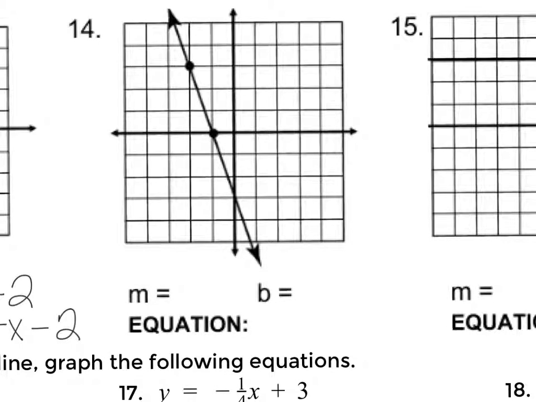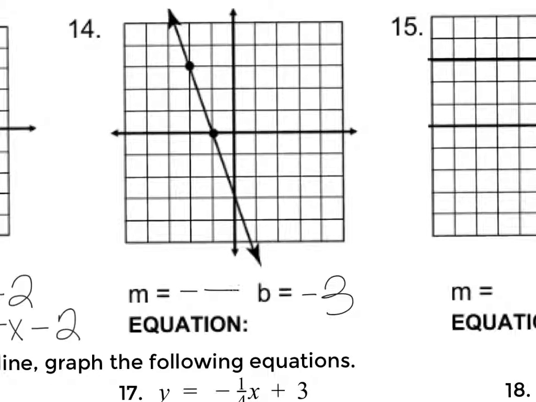Number 14. Again, let's check it out. Here is your y-axis. Where does your line cross the y-axis? It looks to be right here. That is negative 3. Yep, 1, 2, 3. Is our slope positive or is our slope negative?